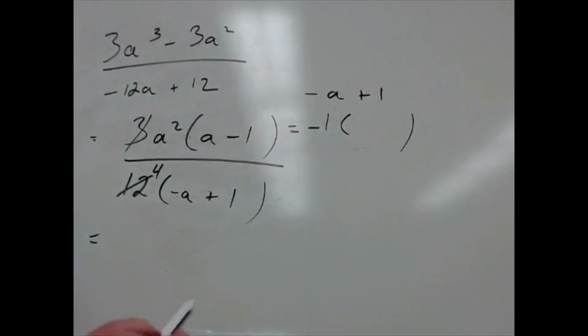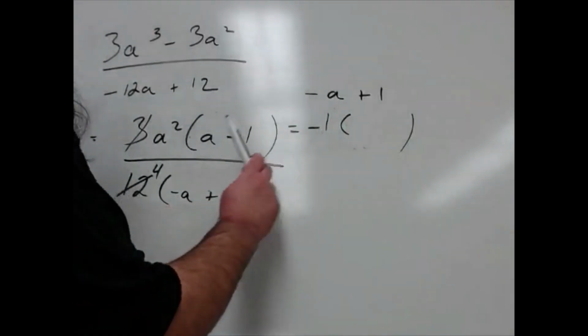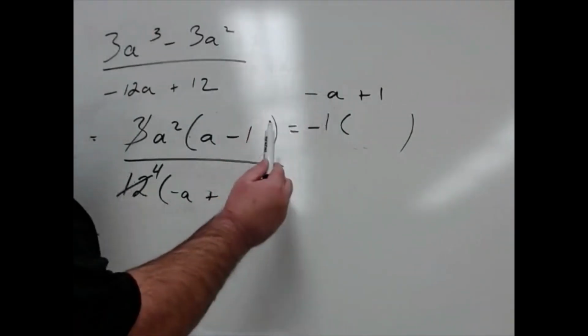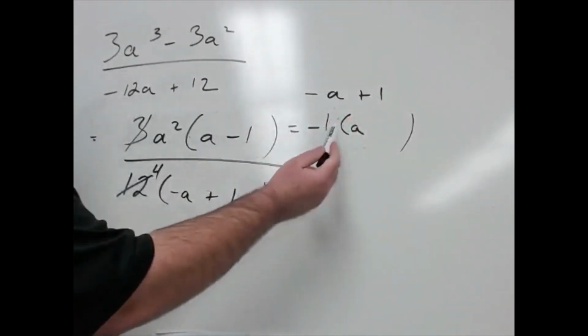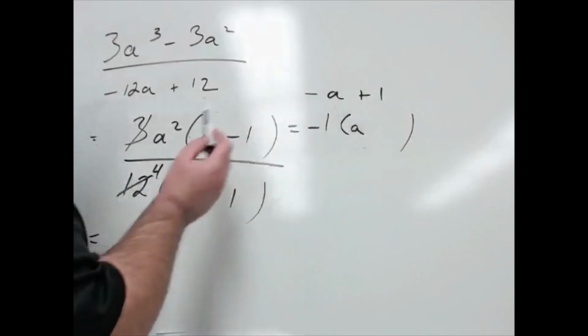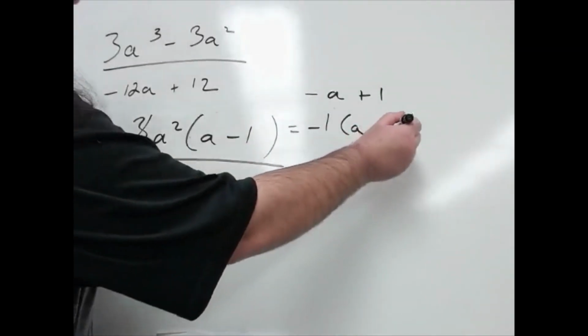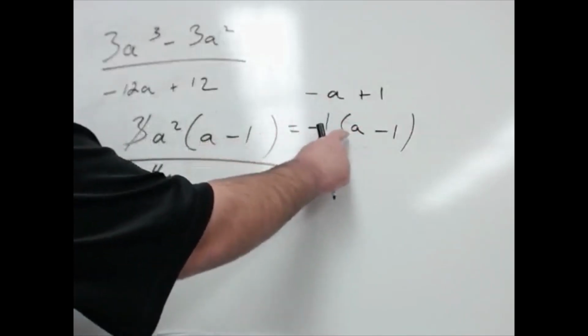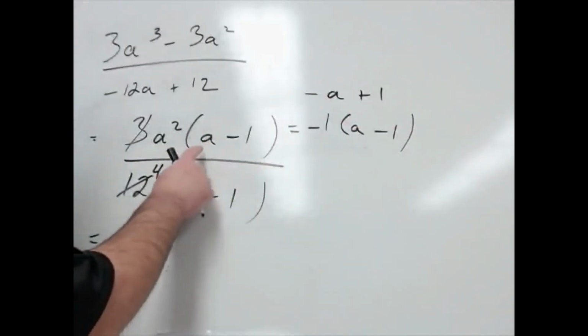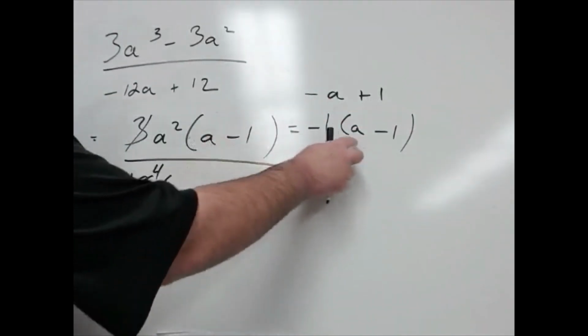So negative 1 times what gives me negative a? Well, that would have to be positive a now. Negative 1 times what gives me a positive 1? Well, this has to be negative 1. So I can see then that this can turn into having the same bracket as the numerator.